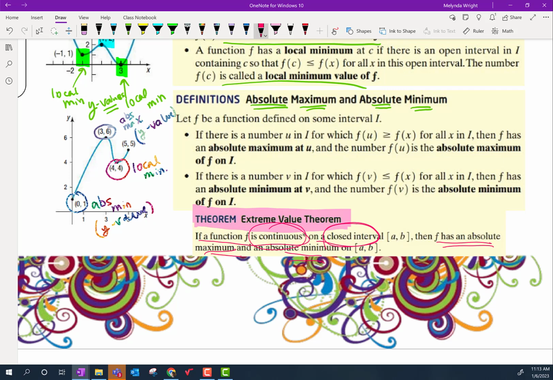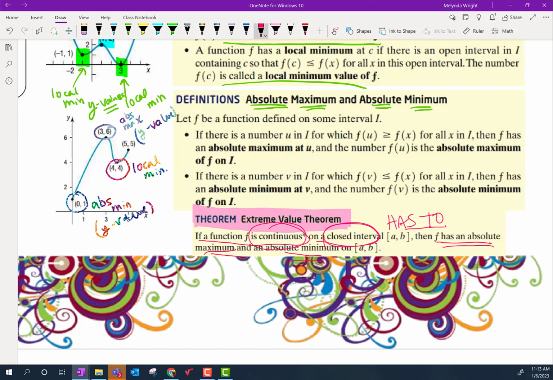What that means on the other side of it is, if the function is not continuous on a closed interval, it doesn't have to have an absolute max or absolute min. It might, but it doesn't have to. This theorem is a have-to. This has to. But if this isn't true, then it doesn't have to. It might, but it doesn't have to. Does that make sense? Okay.